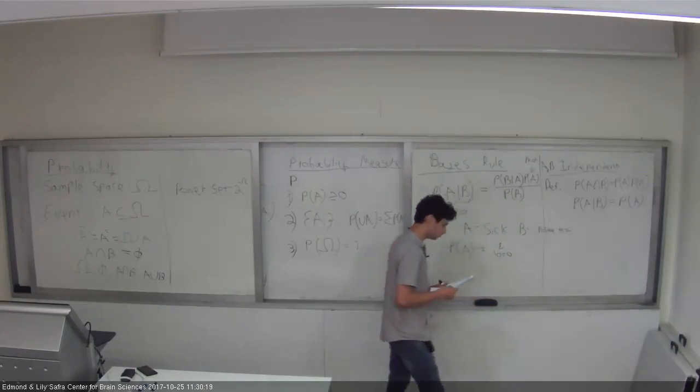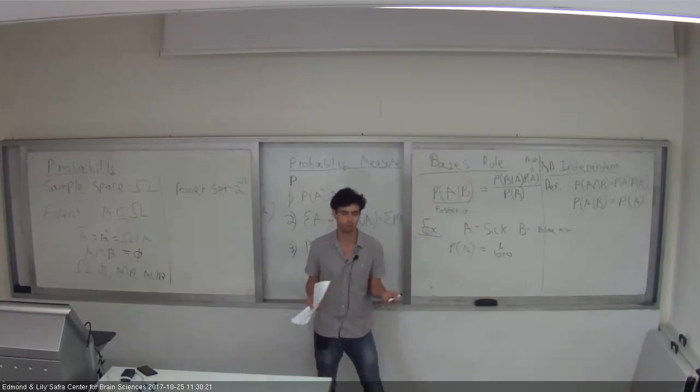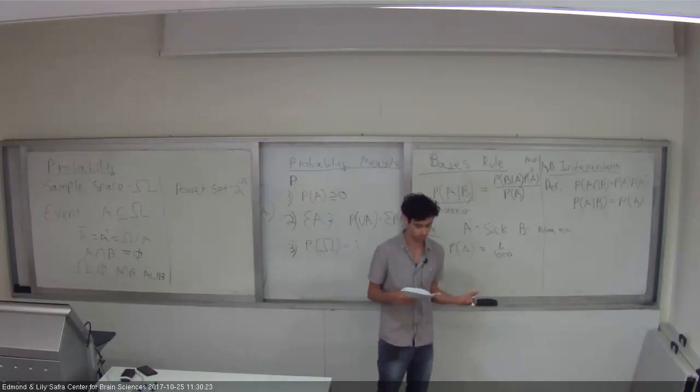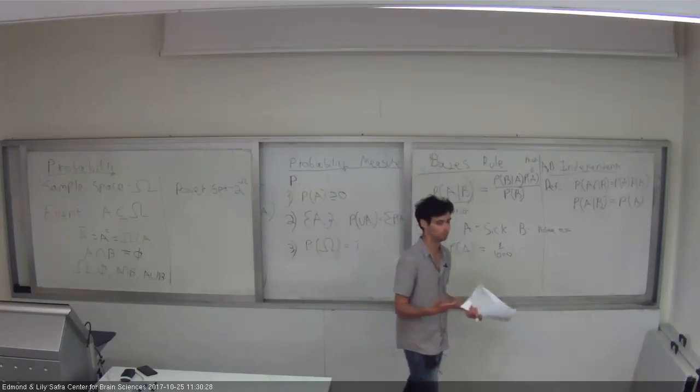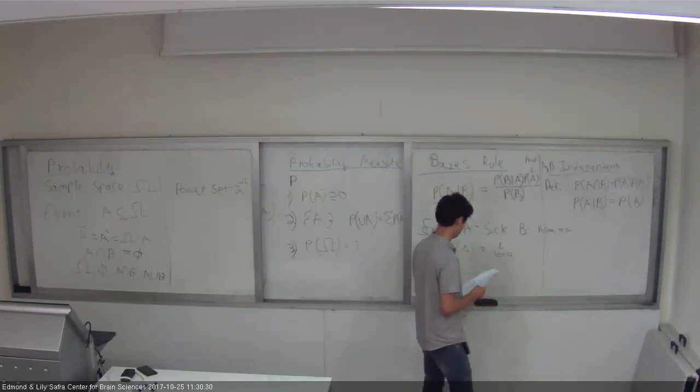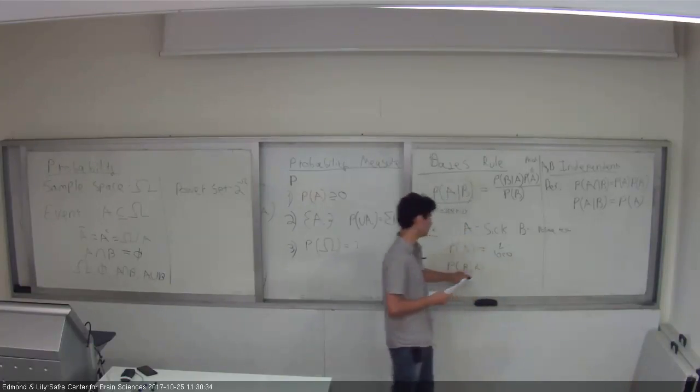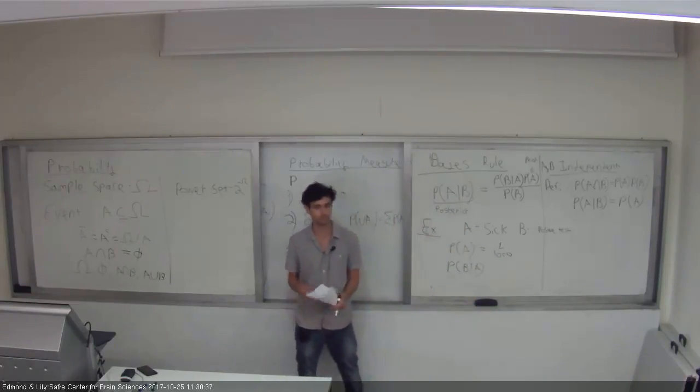Now what are P of B given A and P of the complement of B given the complement of A? What is P of B given A?